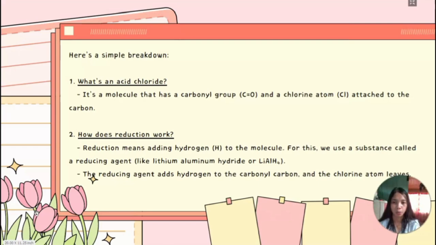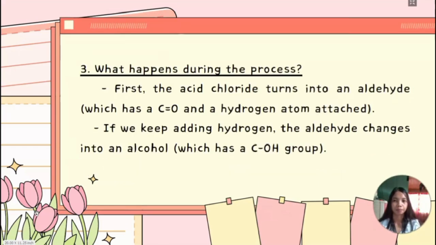How does reduction work? Reduction means adding hydrogen to the molecule. For this, we use a substance called a reducing agent, like lithium aluminum hydride. The reducing agent adds hydrogen to the carbonyl carbon and the chlorine atom leaves.